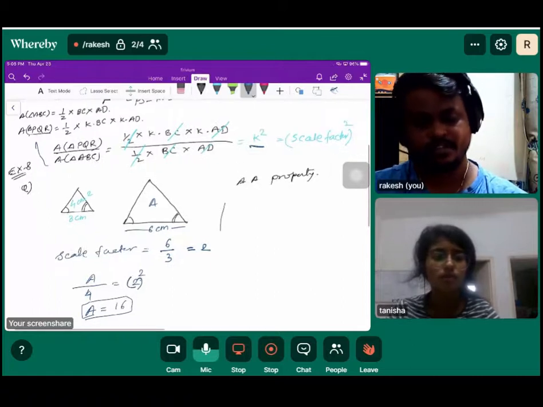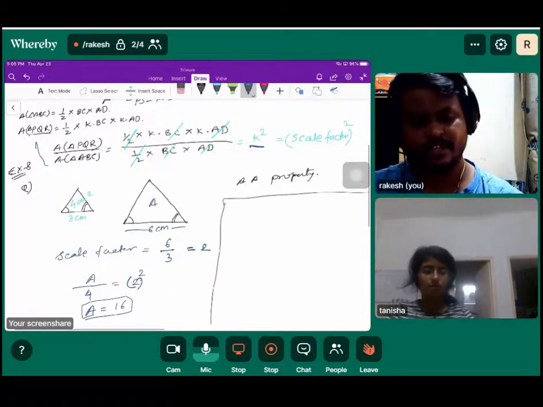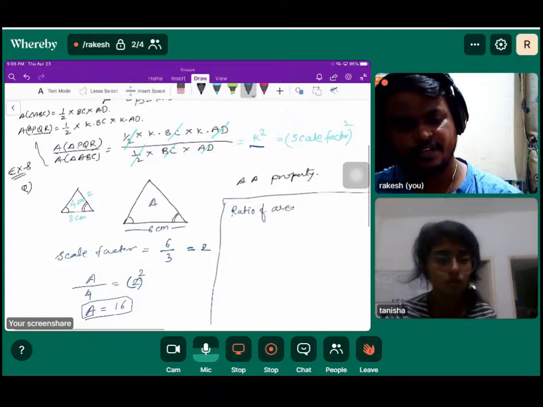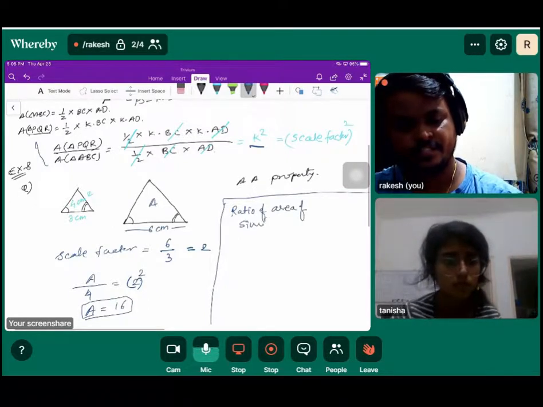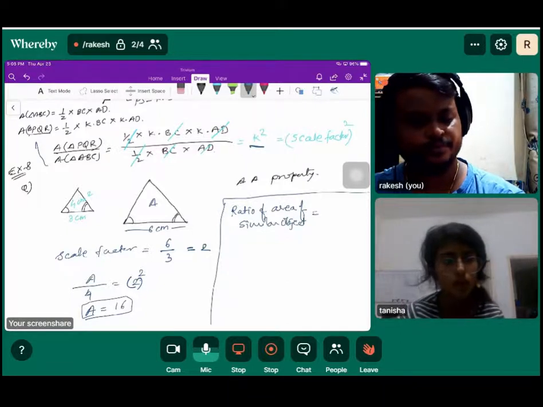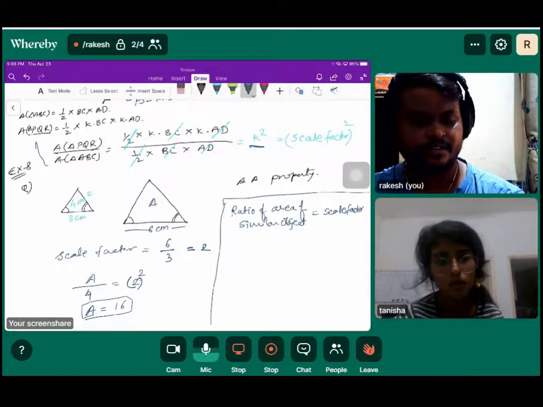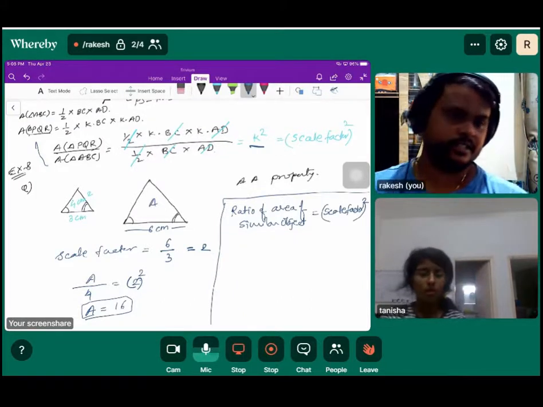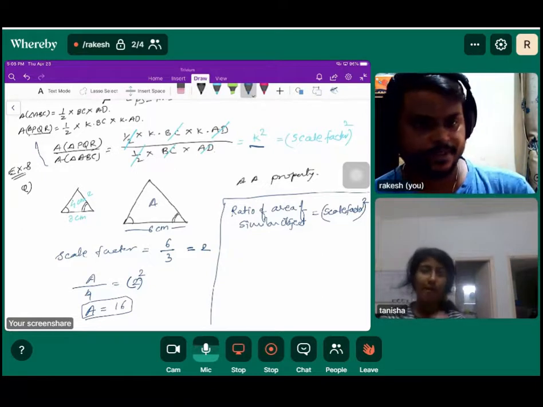I can put this in a simpler way: the ratio of area of similar objects is equal to the square of the scale factor. You can simply put it this way.